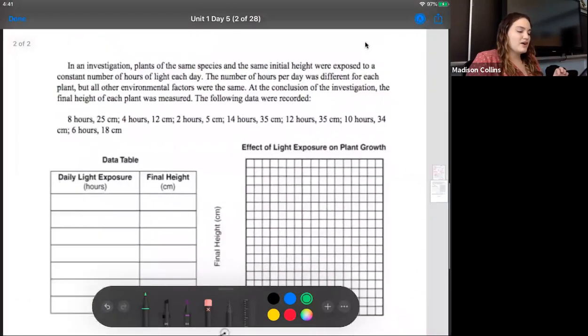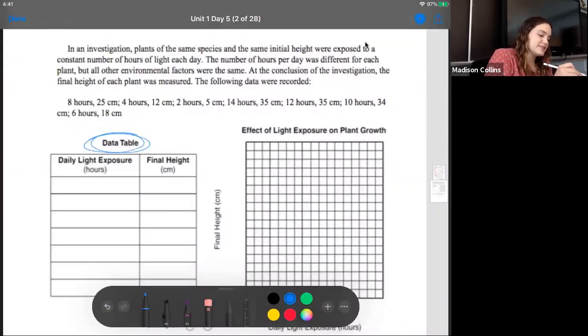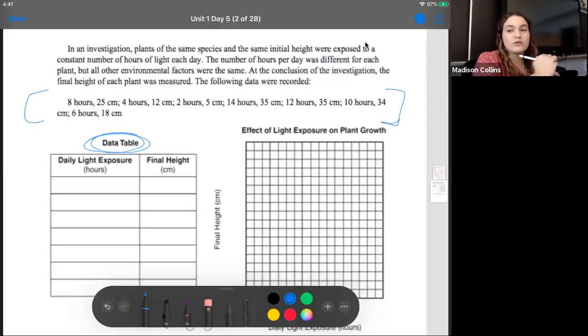Now, you guys have one more example on your paper, and I want you to do this graph on your own, but I'm actually going to help you set this one up because it requires an additional step that we haven't covered yet. If you are ever asked to create your own data table, if it lists the data points linearly and you have to set it up yourself, you have to set this up in numerical order.